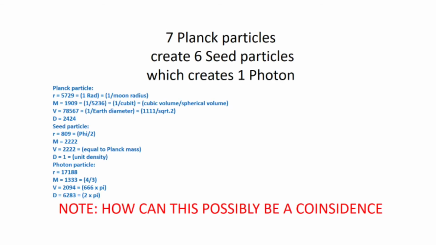In order to quantify the mass, density, and volume of these fundamental particles, we must begin with the seed particles, which carry the Planck mass with a diameter of phi, and a volume equivalent to its mass, deriving a density equal to 1. To calculate the photon mass and density, we simply multiply the seed particle mass by its 6 components, or 1333 equals 4/3.